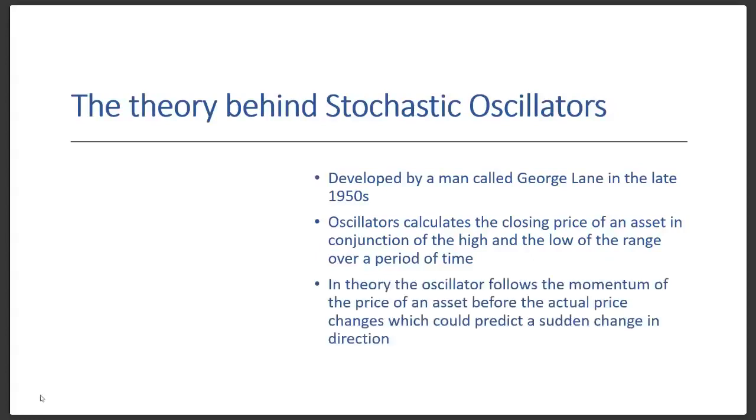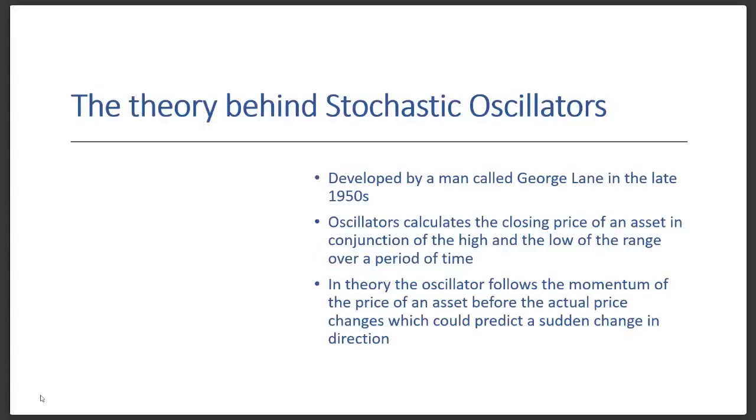His theory is that the oscillator follows the momentum of the price of an asset before the actual price changes, which many people believe can then predict a sudden change in direction. In other words, it calculates, and this is not a calculation you have to do, the indicator does it itself.